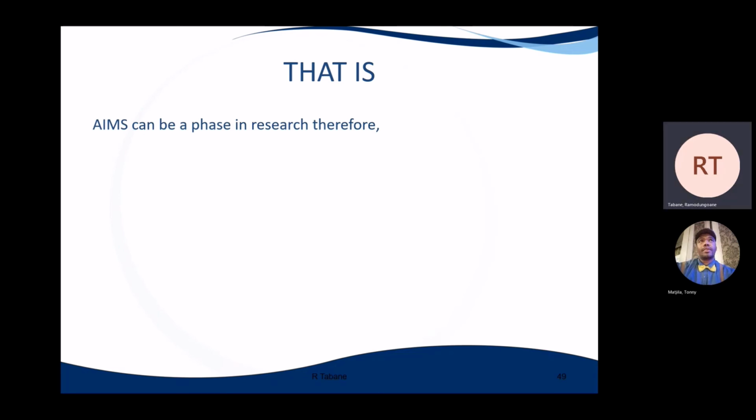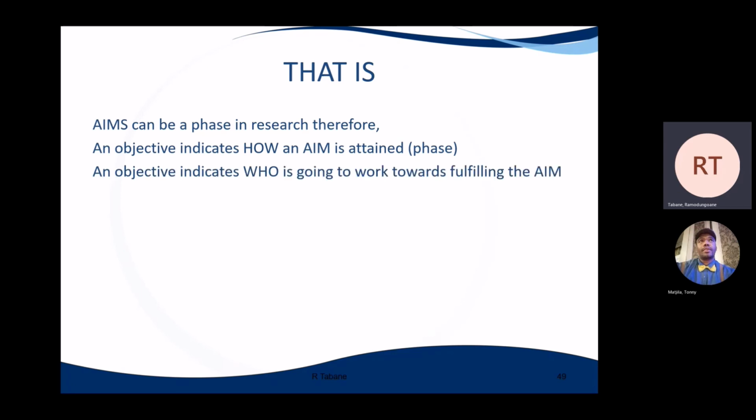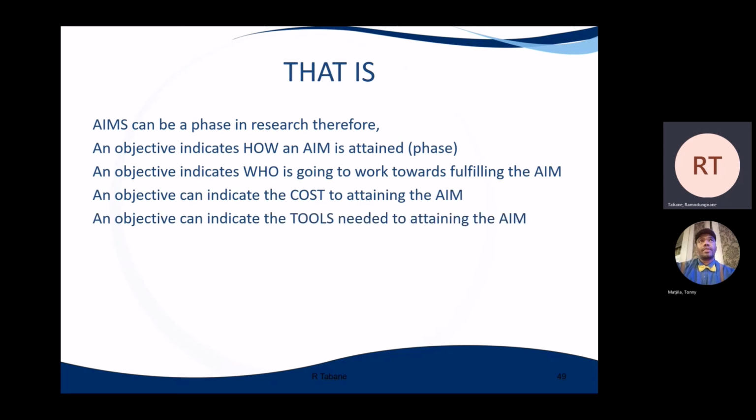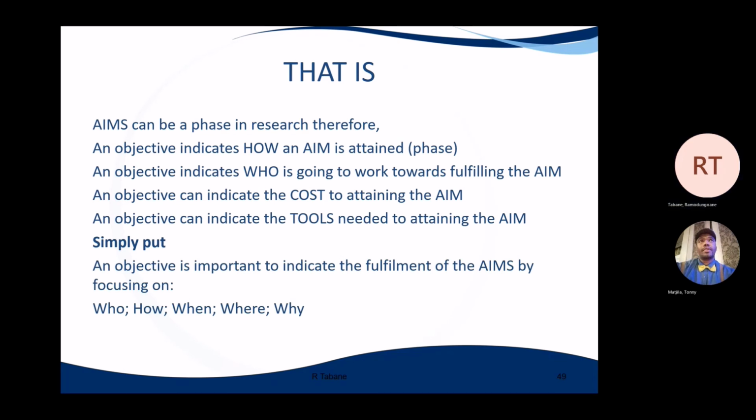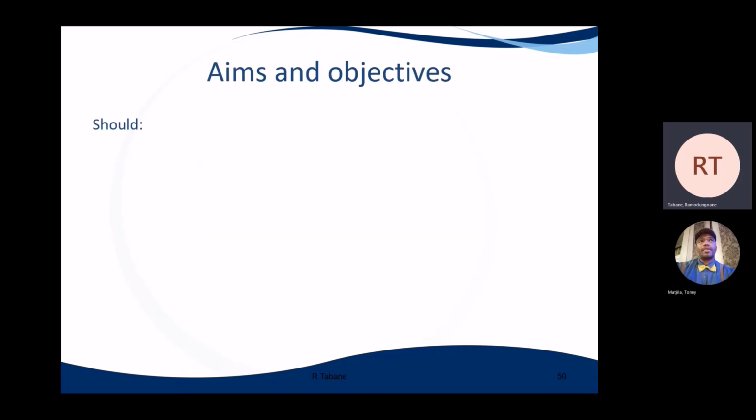So an aim can be phrased in a research. Therefore, an objective indicates how the aim is going to be achieved step by step, who is going to do what, what the costs of attaining that are, and what tools you need. Simply put, an objective is important to indicate the fulfillment of the aims by focusing on who, how, when, where, and why.